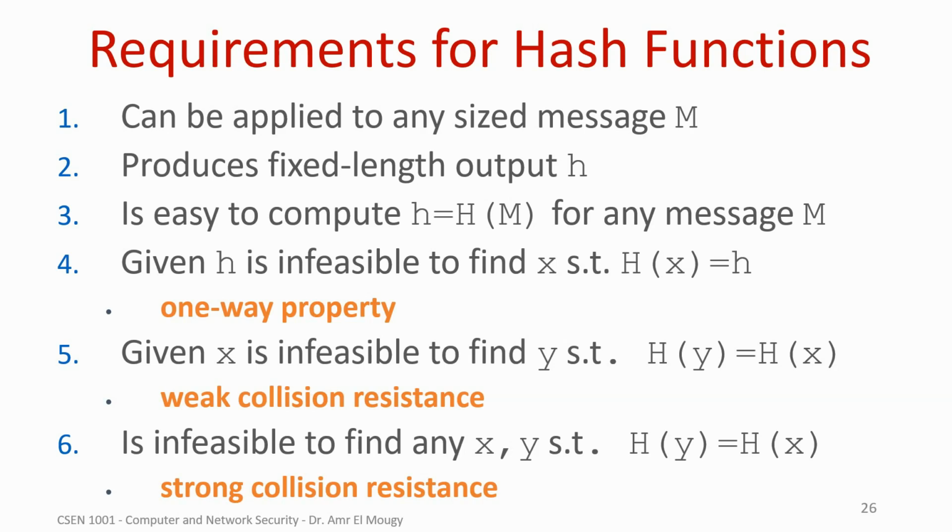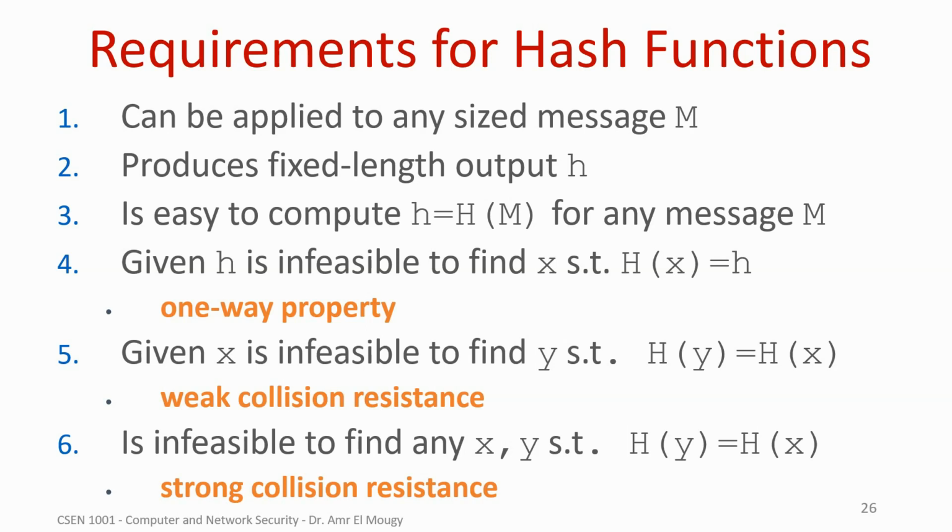The third requirement is that it is easy to compute the hash of a message for any message. So regardless of the message, regardless of its size, it should be easy to compute the hash of the message. And by easy, we actually mean computationally easy. That means it doesn't take too much time or a lot of computational power.